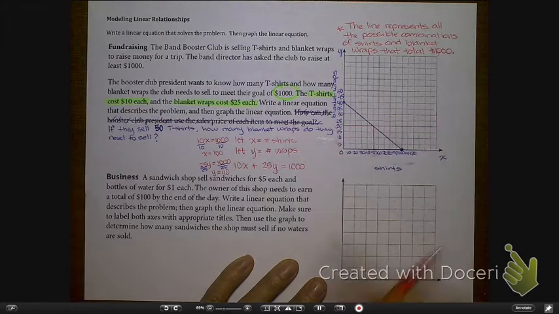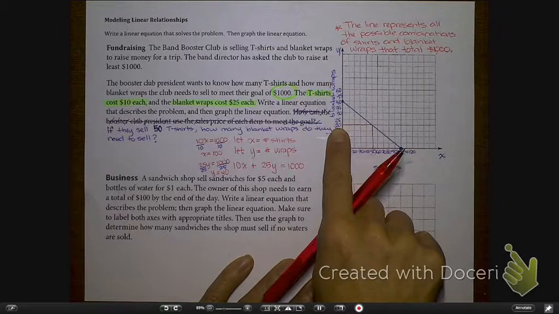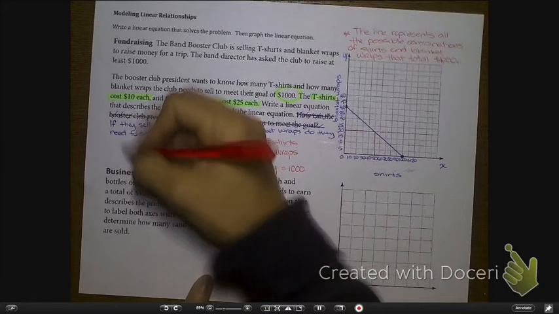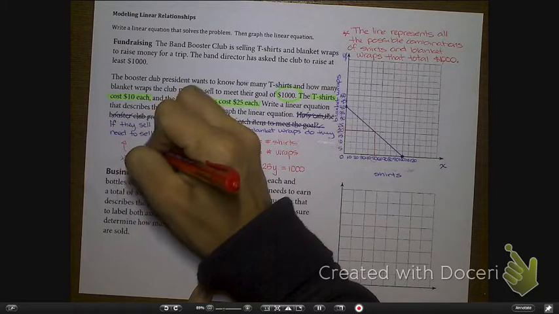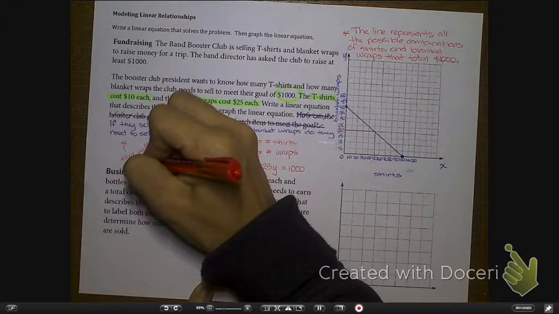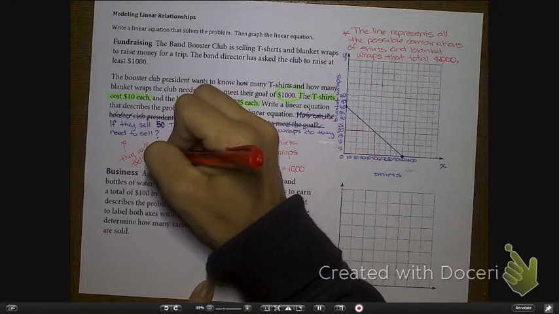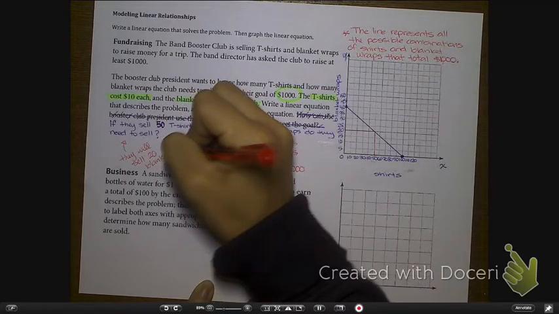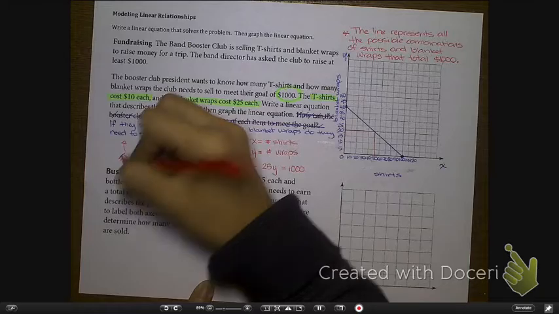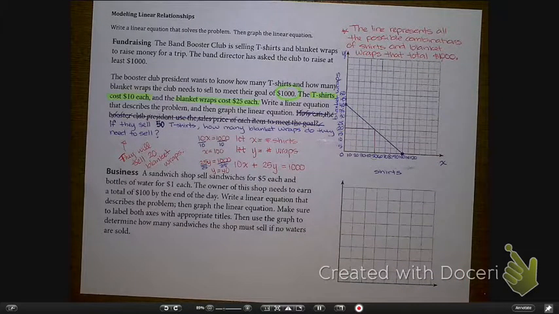So if they sell 50 shirts, how many wraps are they selling? 20. So the answer to this question is they will sell 20 wraps. Does that make sense how I use the line to help me find that answer? Okay.